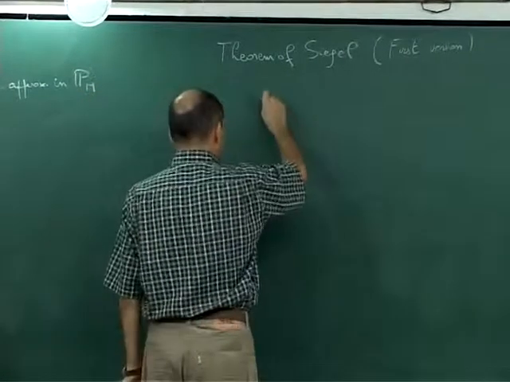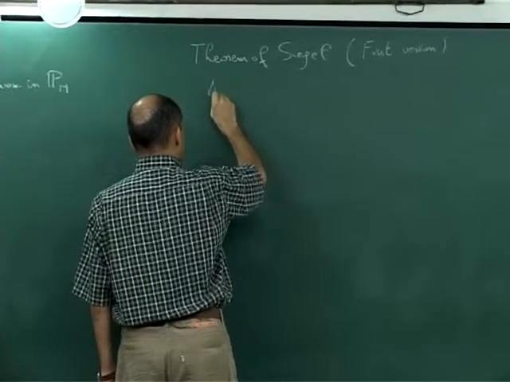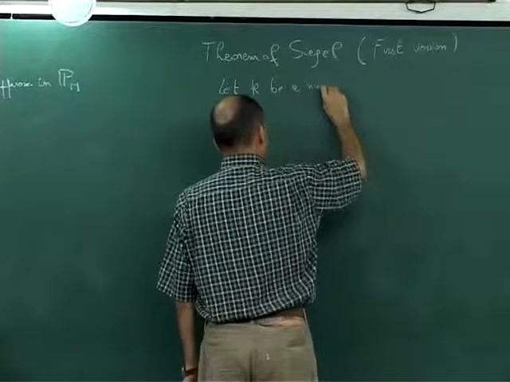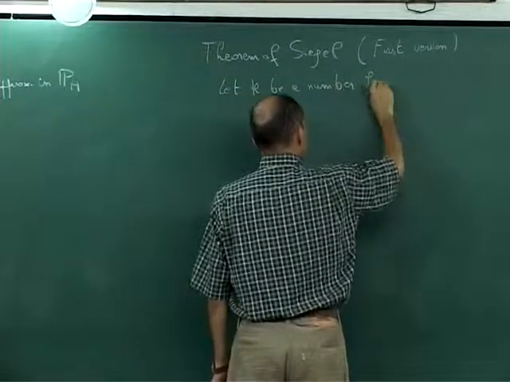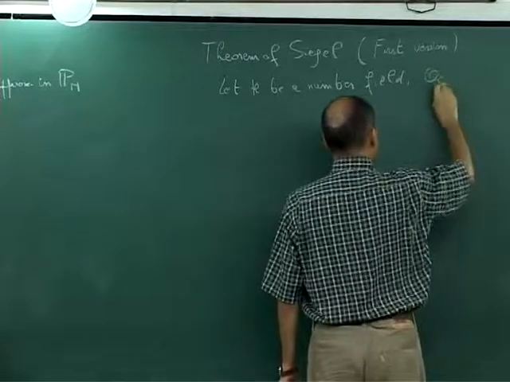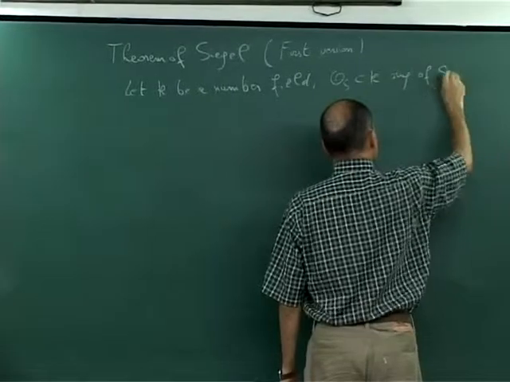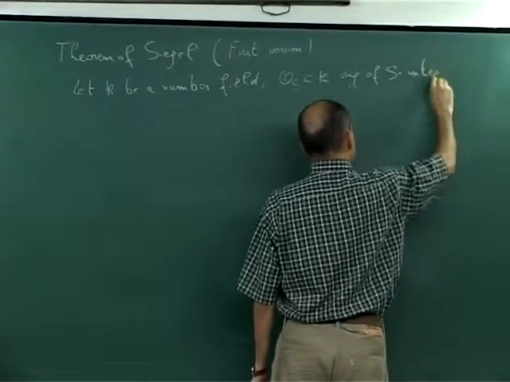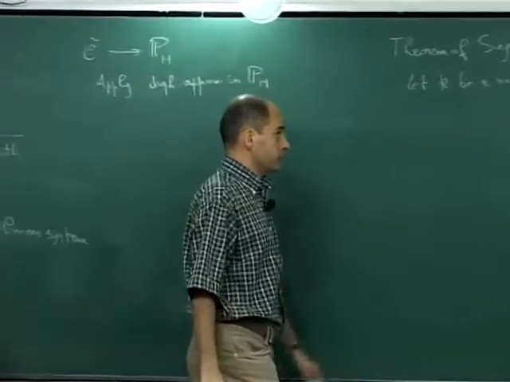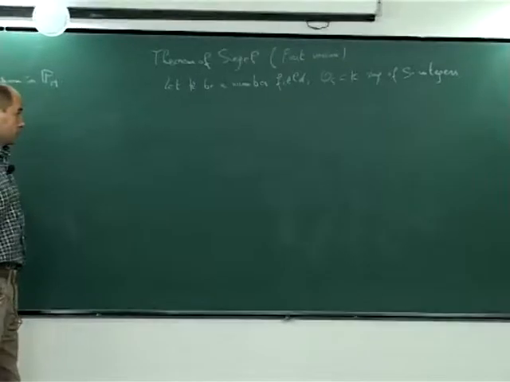So the first version says the following: let K be a number field, O_S a ring of S-integers, as usual, S is a finite set of places of K containing the Archimedean ones. I don't write it again.